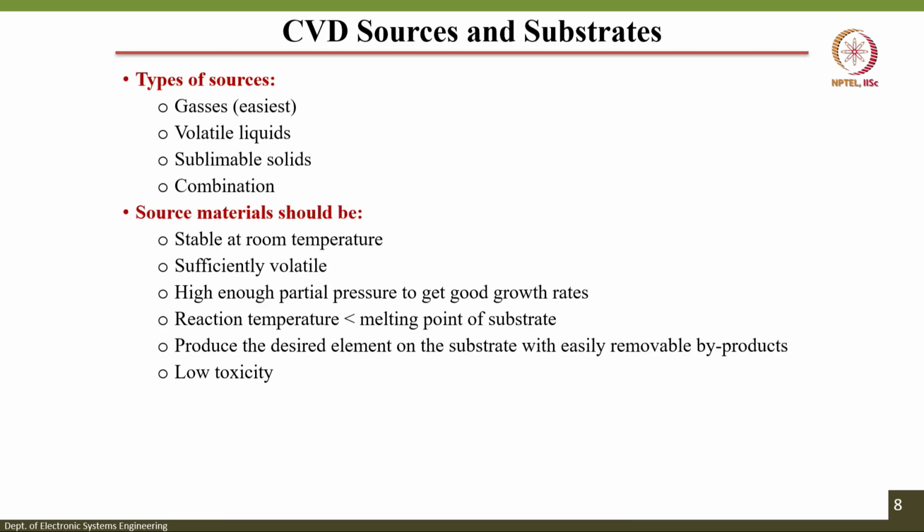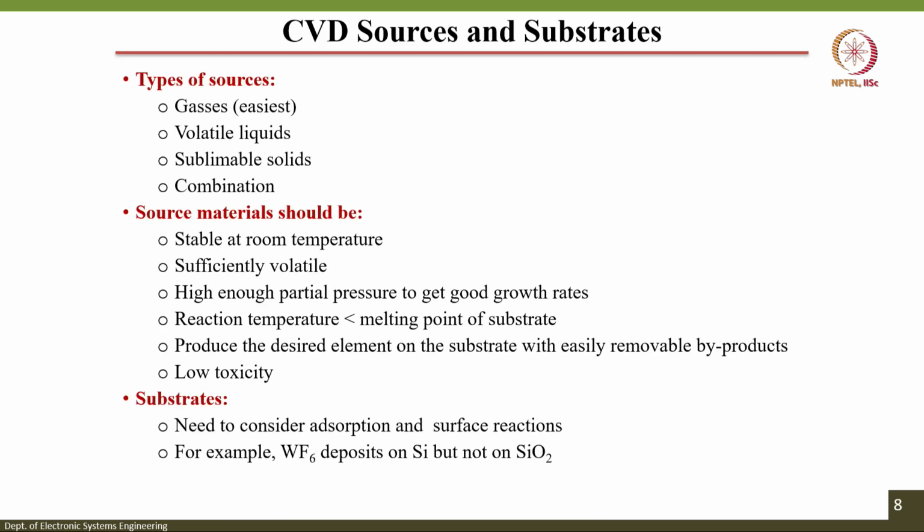So, moving on to when you are designing a particular chamber, what are the basic steps that you should take into consideration? That is, what type of source should be used in a CVD chamber. The type of source chosen can be a gas, which is the easiest type of source because you can directly take the precursor gaseous molecules to the chamber where the reaction happens.